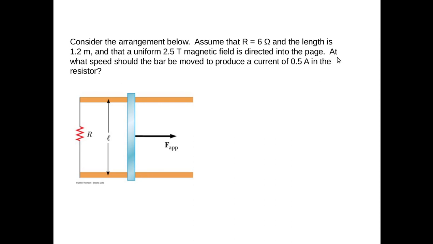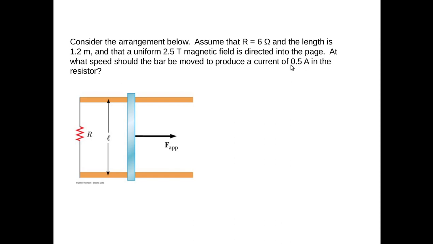It says, what speed should the bar be moved to produce a current of 0.5 amps in the resistor? So we're actually looking for the speed here. That's kind of strange because we don't see any velocity terms in any of our equations yet. But we do have a set induced current.